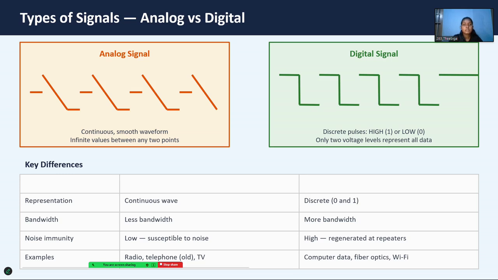The comparison table on this slide highlights the core difference in terms of bandwidth. Digital signals actually require more bandwidth than analog. But the benefit of being able to regenerate and error correct them makes digital the overwhelming choice for modern networks.